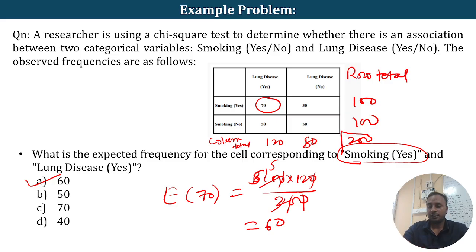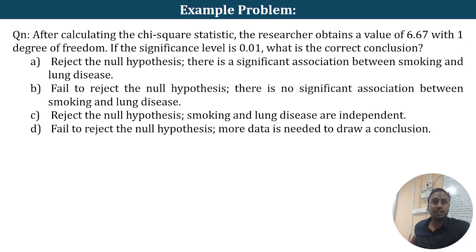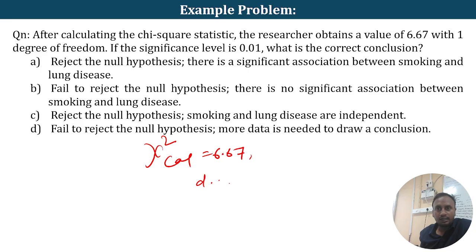One more last question. After calculating the chi-square test statistic, the researcher obtained a value of 6.67. Chi-square calculated is 6.67, degrees of freedom is 1, and alpha is 0.01. What is the correct conclusion?